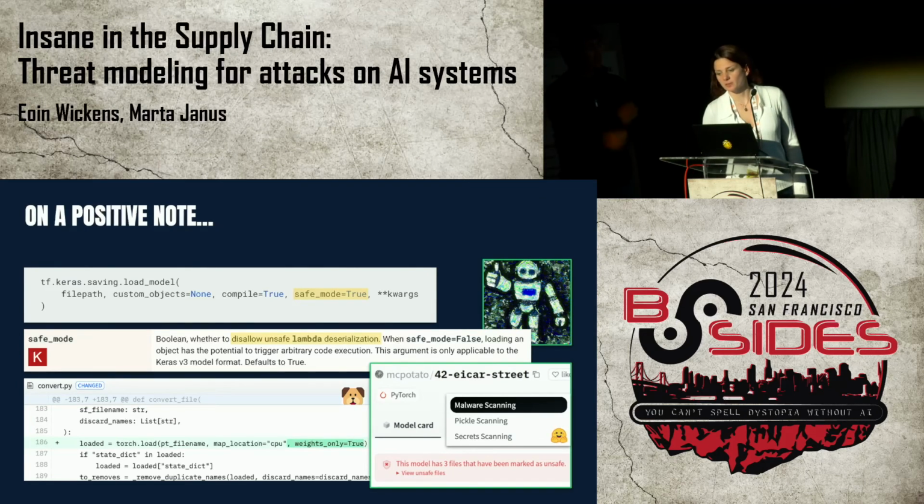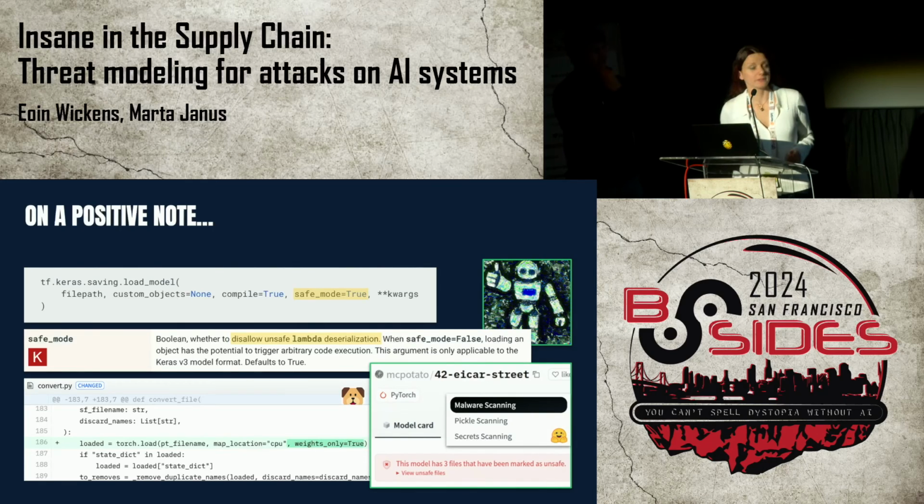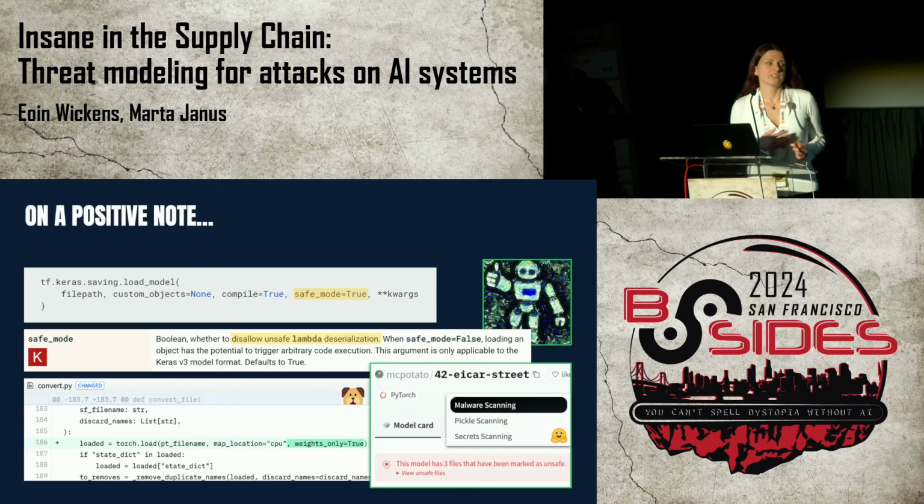So we just have 4 minutes left, but it's just the boring stuff that is there, so I'm going to speed through it. On a positive note, our research and the research of our fellow researchers from other companies as well is making ripples in the industry. We can see that there are some steps in the right direction being taken.